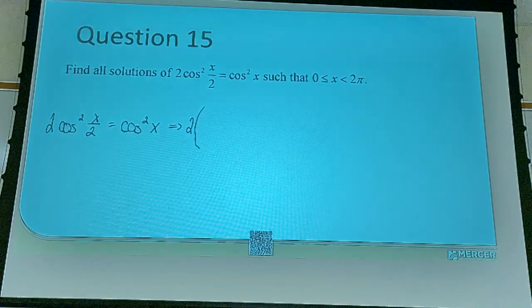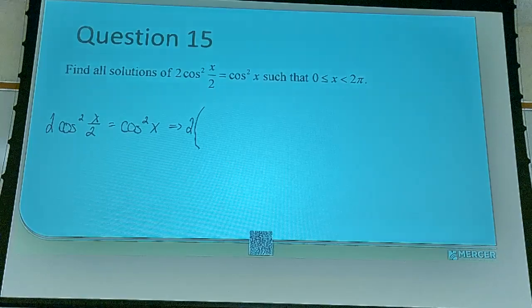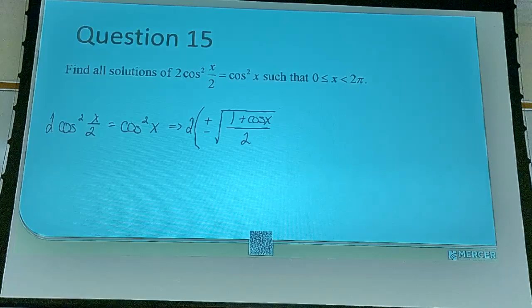Use the half angle identity on cosine. It's what? Plus or minus square root of 1 plus cosine x all over 2, right? And that's being squared. When you square a positive or negative, the result's the same, right? That's nice.